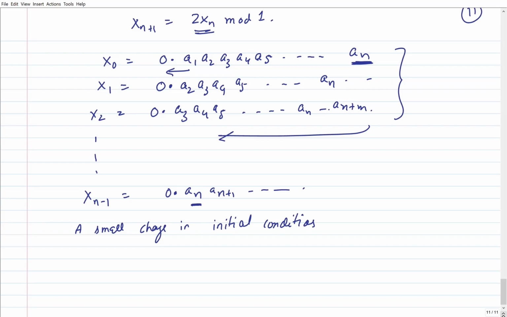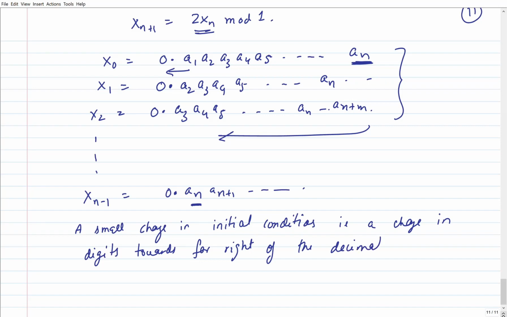A small change in initial conditions, that is a change in digits towards the far right of the decimal, becomes significant eventually.